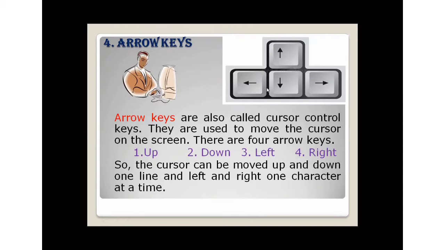The cursor can be moved up and down one line at a time, and left and right one character at a time. One click, one space you will go. So this is about arrow keys.